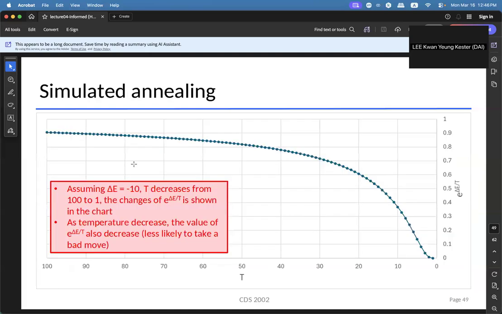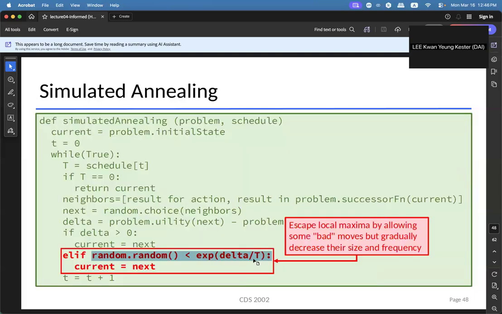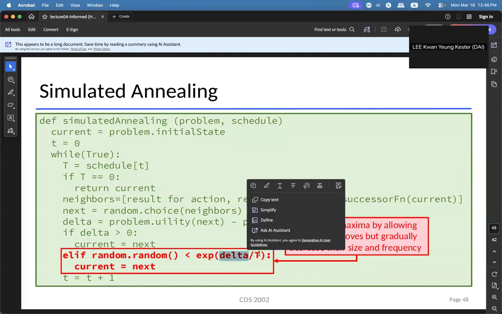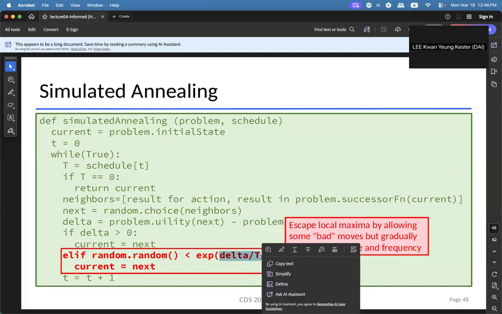If delta is negative and T is smaller, then delta divided by T is a bigger negative value.